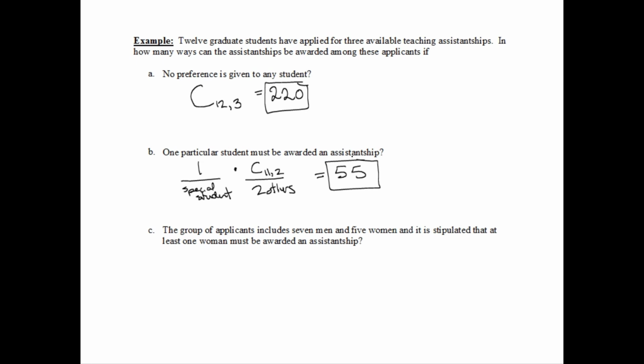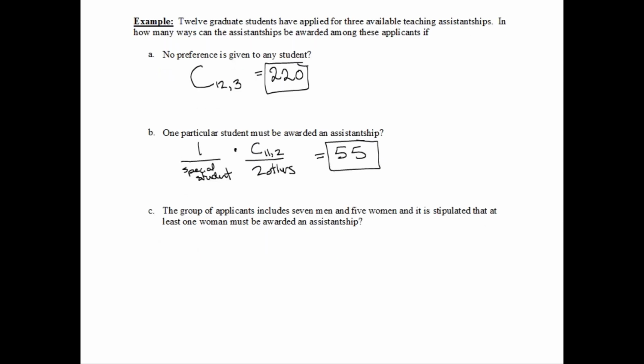Now let's suppose that our group of applicants includes 7 men and 5 women, and there is some kind of a rule that says that at least 1 woman has to receive an assistantship. At least one. Well, we want to think about how this can happen.